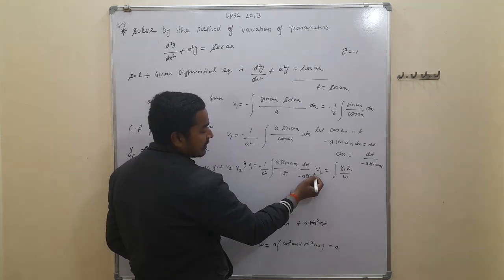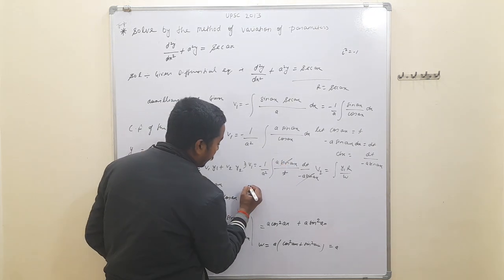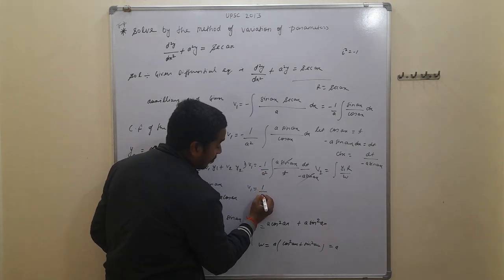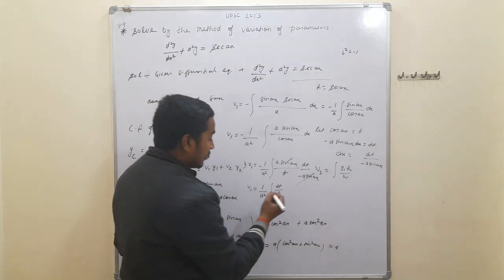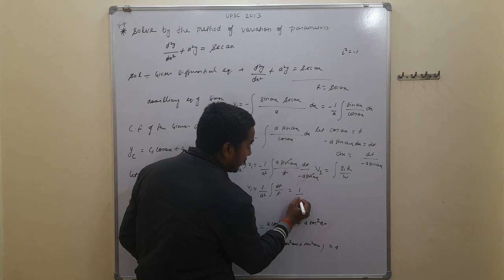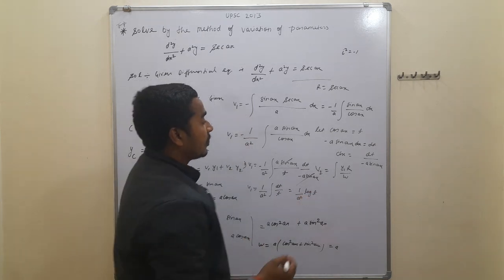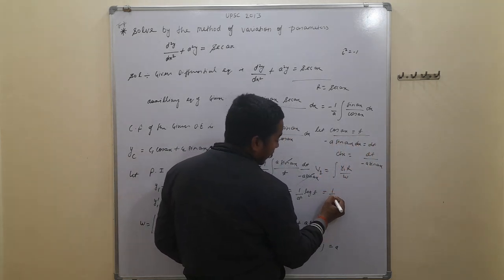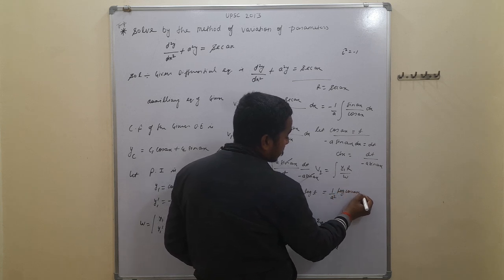From here a sin ax cancels out, and the remaining is v1 is equal to, minus minus is also plus, 1 upon a square integral dt upon t. This gives log of t, and since cos ax is equal to t, this is 1 upon a square log of cos ax.